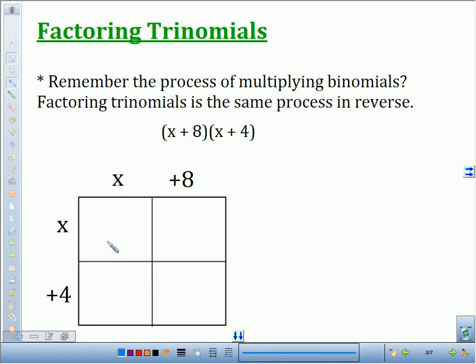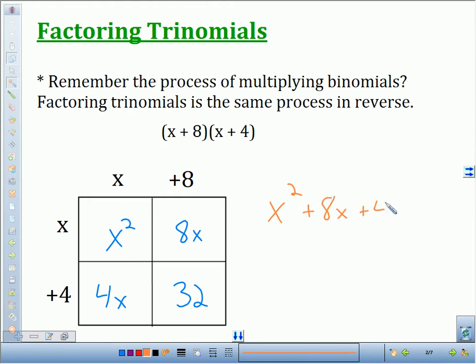I have x times x is x squared. X times 8 is 8x. X times 4 is 4x. And 8 times 4 is 32. So if I wanted to add all this together to get a trinomial, I would add all of my individual terms, x squared plus 8x plus 4x plus 32.